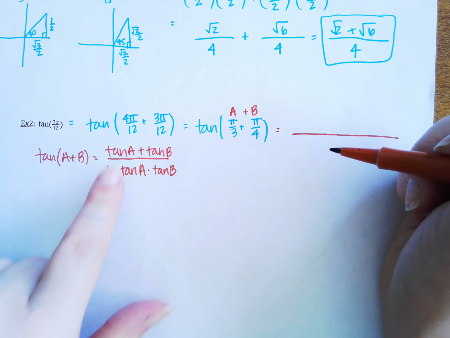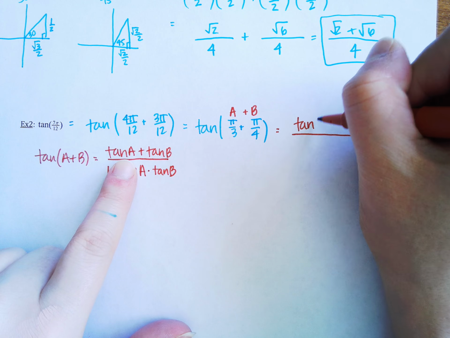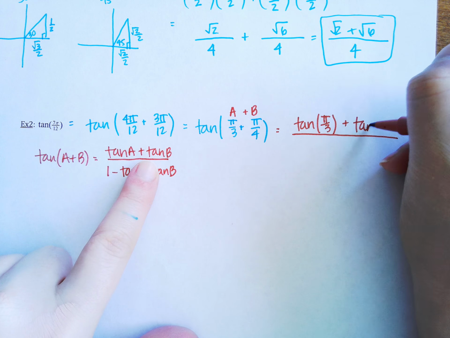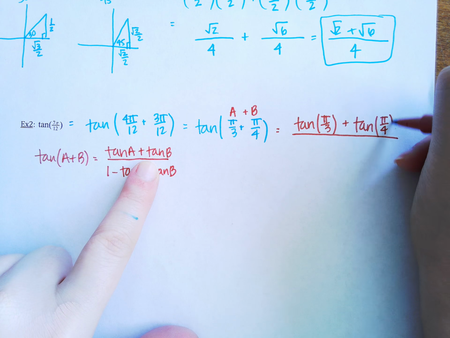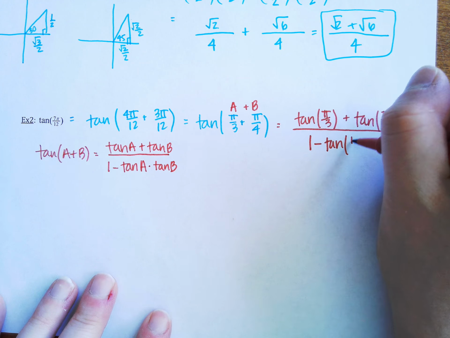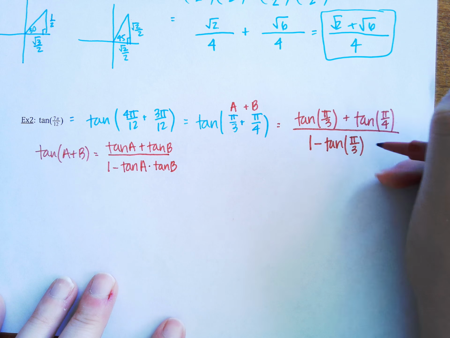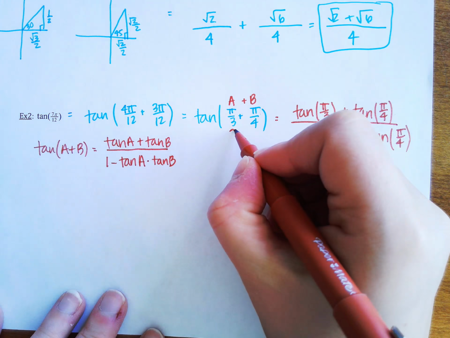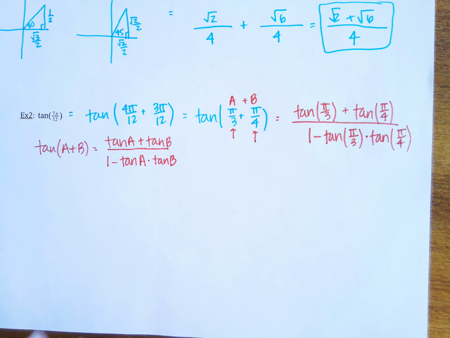There's definitely a lot more simplification that needs to happen when we find these values. So we'll have the tangent of pi over 3 plus the tangent of pi over 4, over 1 minus the tangent of pi over 3 times the tangent of pi over 4. Remember, you can convert pi over 3 and pi over 4 into degrees if you want to, or maybe you remember.